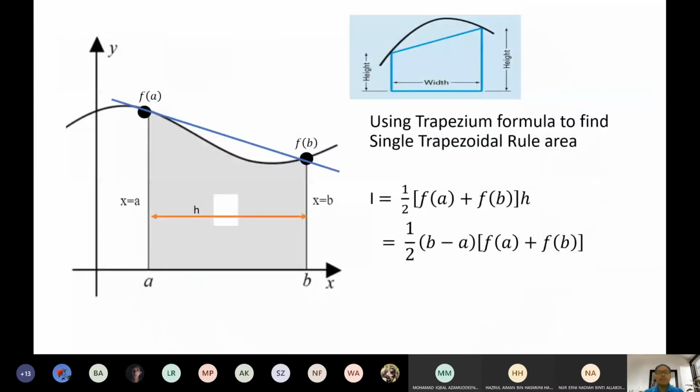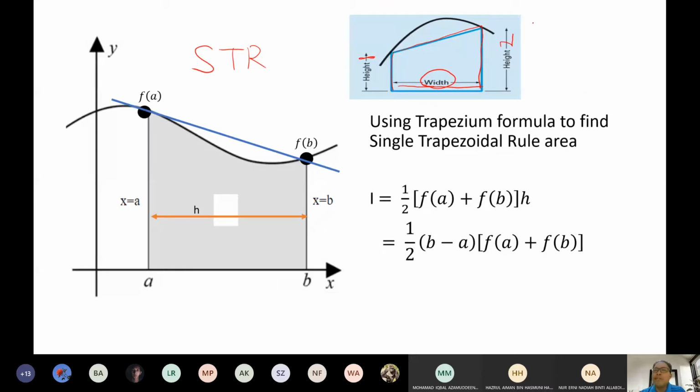For the single trapezoidal rule, if you still remember your Form 3 or Form 5 subjects, where you are given a trapezium with a certain width and certain height. Let's say I name the left side height, height 1, and the right side height, height 2.